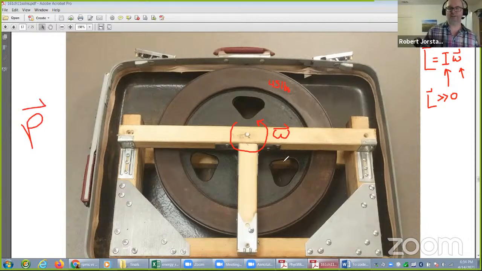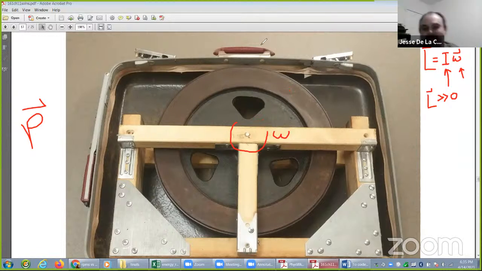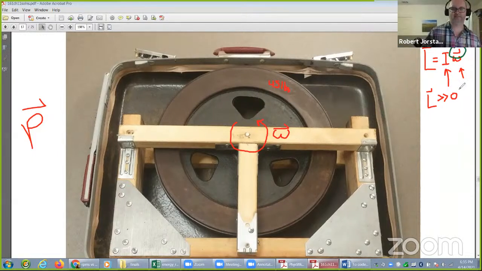What about if you try to turn? If you try to turn, are you trying to change the angular momentum? Yes, you're trying to change the direction of it. You're trying to change the vector. You're changing the axis. What is required to change angular momentum?